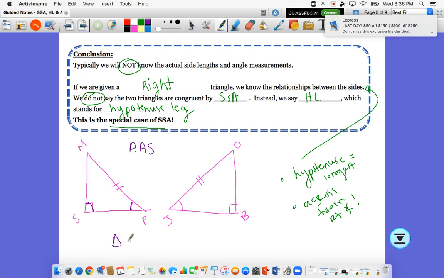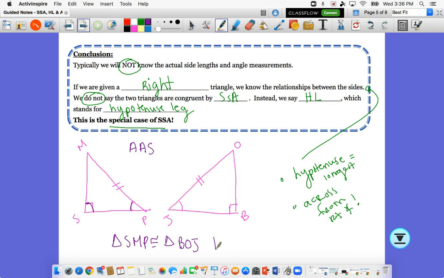So I can prove these congruent. I can say triangle SMP is congruent to triangle, what does S correspond to? B, so BOJ, by angle, angle, side congruence. So just because it has a right angle does not mean that it is HL. You might need to star that and write that to yourself.